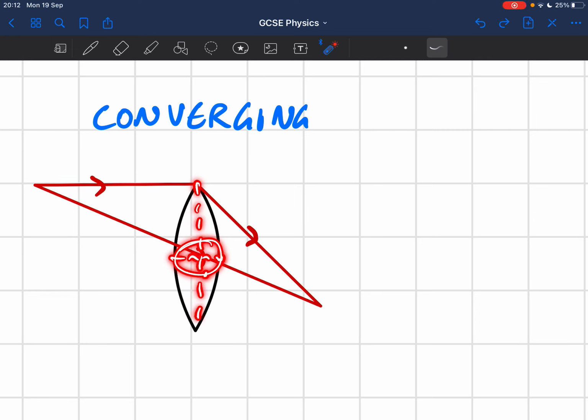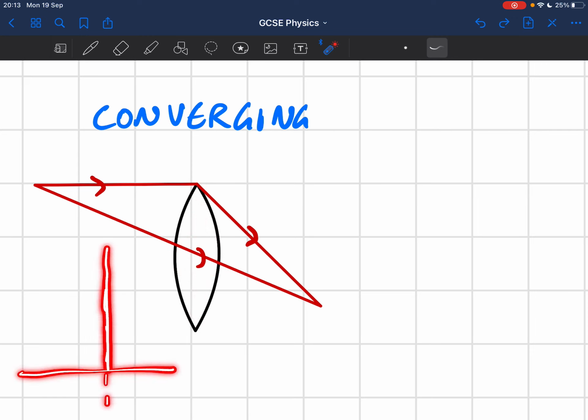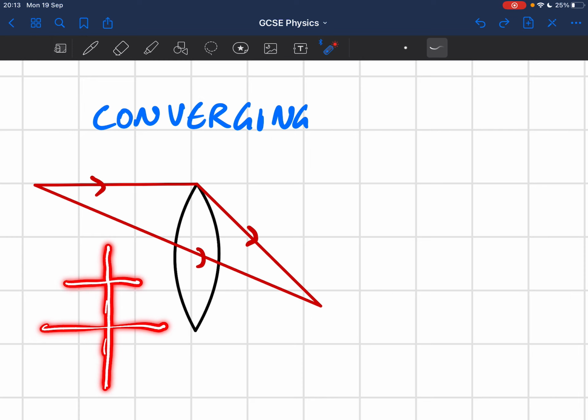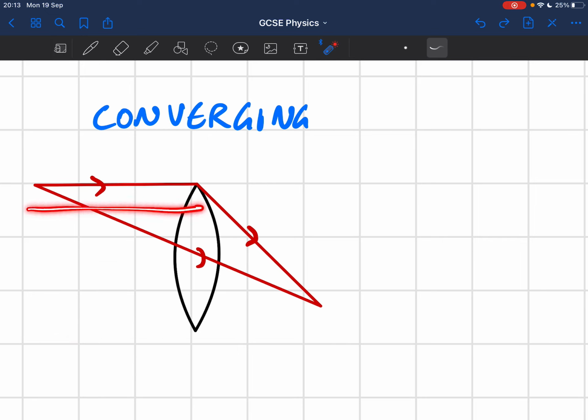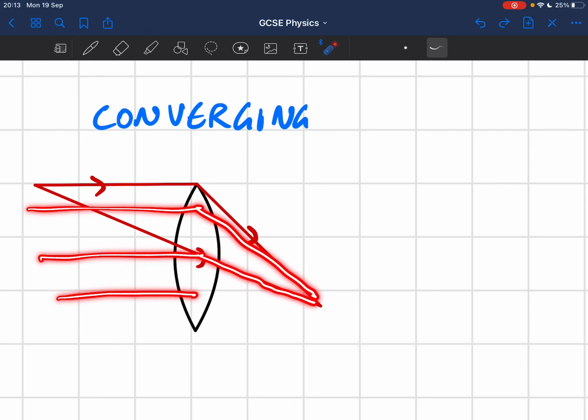Okay, and nothing through the optical center converges. It's the equivalent of drawing a line through the normal. A reflected ray through the normal will reflect along the same angle, and a refracted ray at the normal will not refract. Okay, you'll just get your wave fronts slowing down slightly, but it doesn't refract. Okay, so all of your rays, which will be passing parallel, will converge towards the same point.